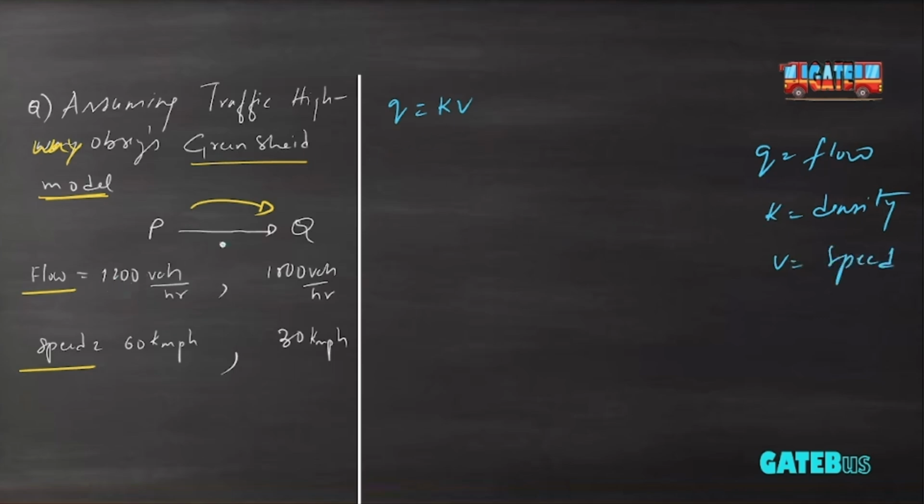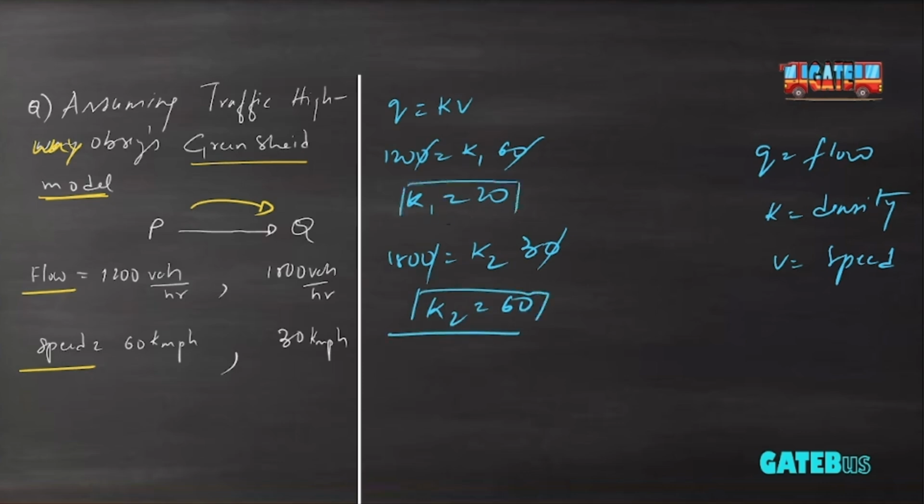So by putting in the values, we'll get 1200 equals K1 into 60, so K1 comes out as 20. And 1800 equals K2 into 30, so K2 is 60, right?